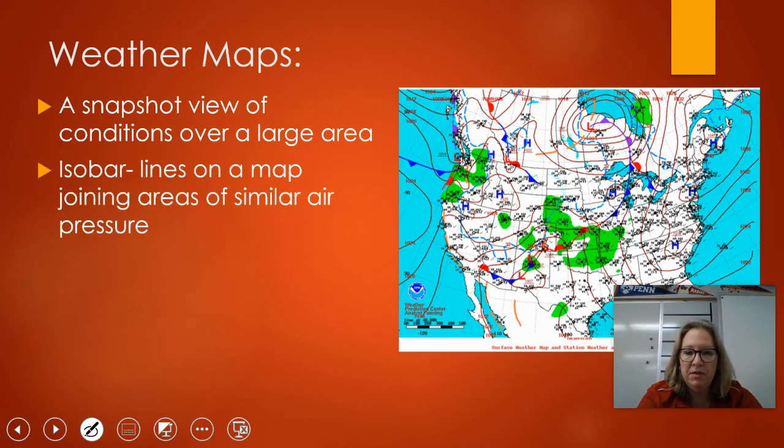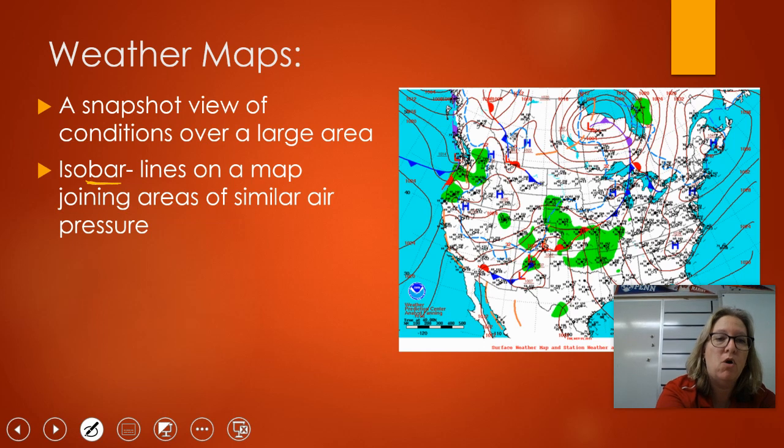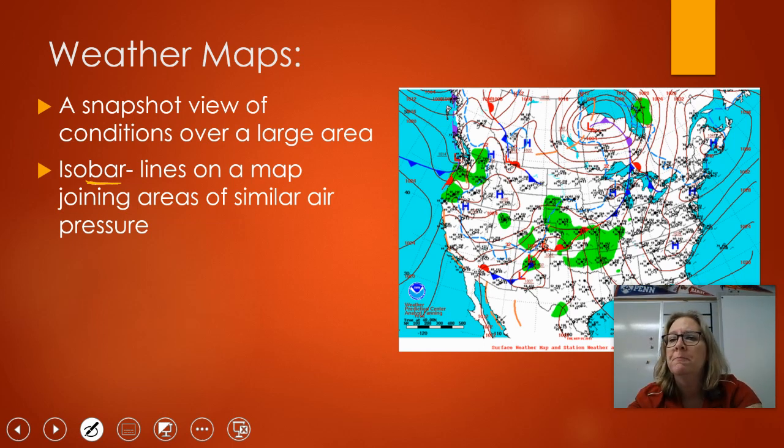And they use a couple of lines that are similar to the lines we saw on topographical maps earlier in the year. We have isobars, which connect areas of similar air pressure. Remember bar, like barometer, that measures air pressure. You can see all these numbers in the thousands over there. That's a measurement of air pressure. Those are isobars.